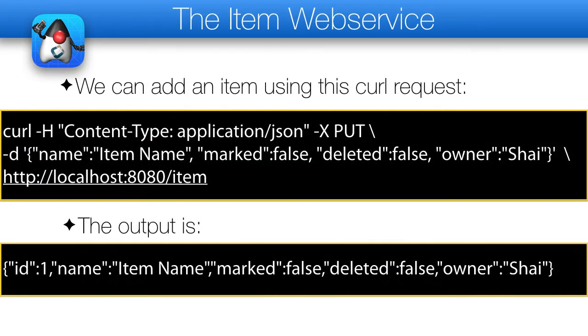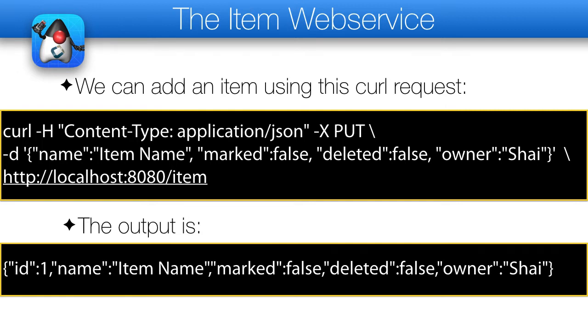So the web service that we'll use, and you'd be familiar with that if you went through the Spring Boot video, just has this sort of curl syntax, which means essentially we're adding an element to the web service, and this is the web service that I'm going to attack first.